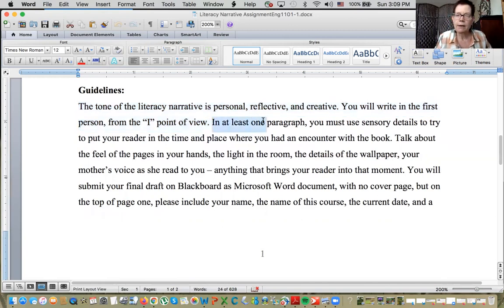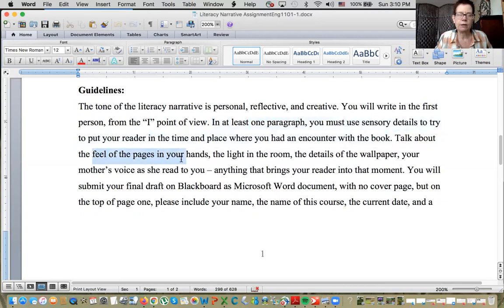In at least one paragraph, you must use sensory details to try to put your reader in the time and the place where you had the encounter with the book. So that's where you're going to use those skills that we practiced in that exercise. So remember that putting your reader in the time and the place means remembering the sensory details.